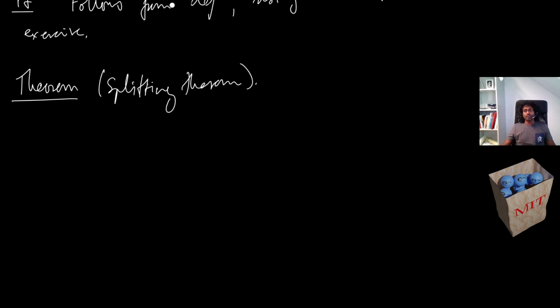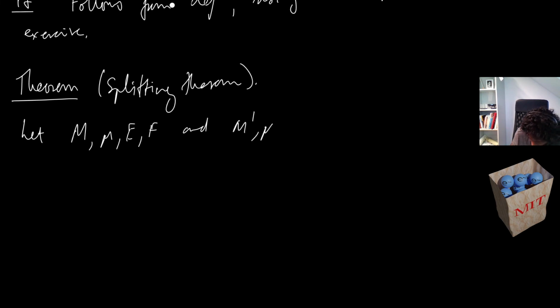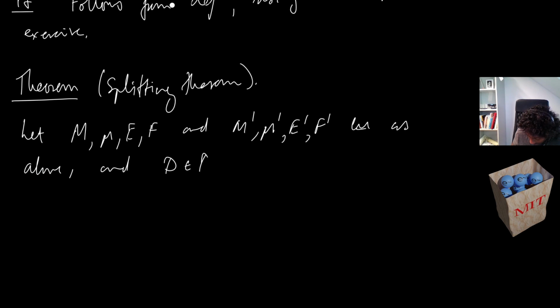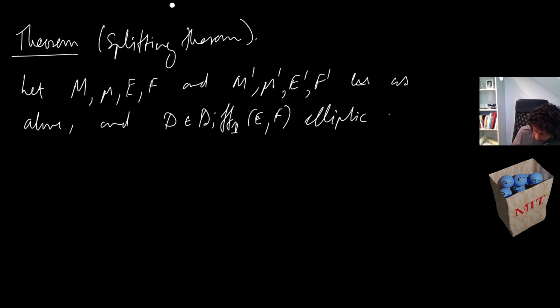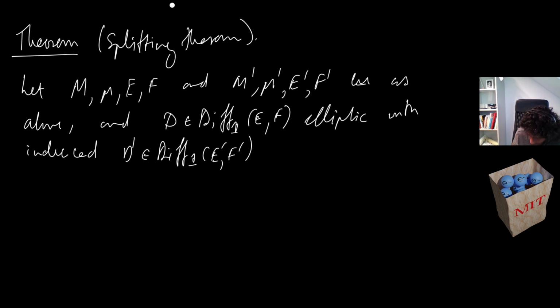So let M, mu, E, F and M prime, mu prime, E prime, F prime be as above, and D in diff 1 EF elliptic with induced D prime in diff 1 EF prime elliptic.